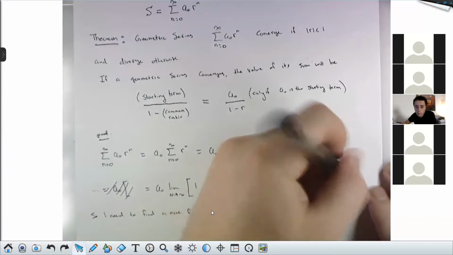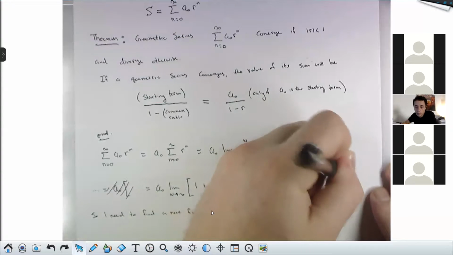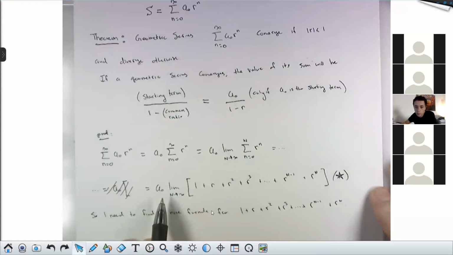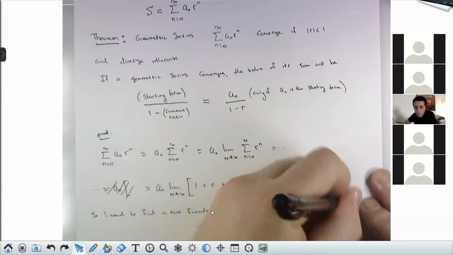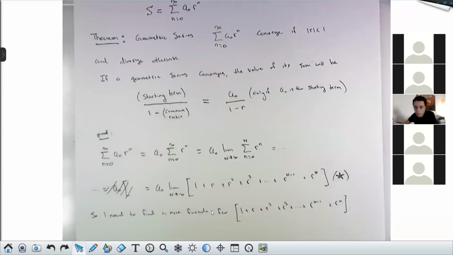So we're going to hold here for a second. I'll call this line star. My goal is to find a nice formula for the bracketed expression, one that I can take the limit of without too much hassle. I'm going to find a formula for this and then come back and plug it in here.